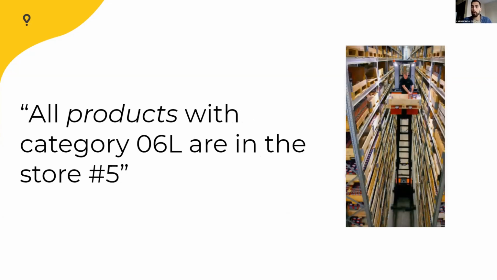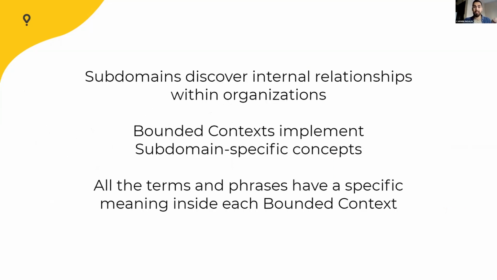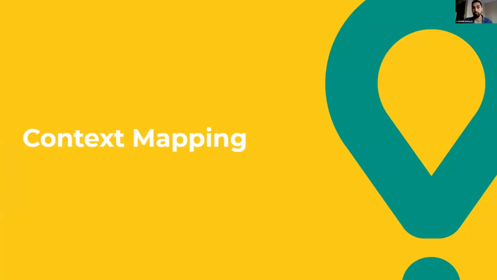For the inventory, the product is a box on a shelf, and so they have to find this box on the shelf. For the shipment, the product is important because it has to be delivered to the recipient, to the customer. So everyone has a different view, a different perspective of the same concept. This tracks the bounded context in our domain.